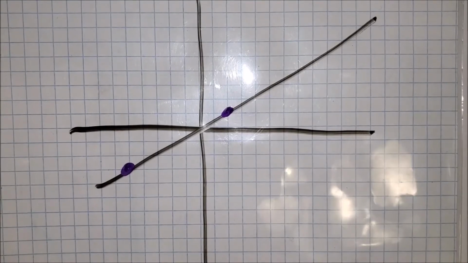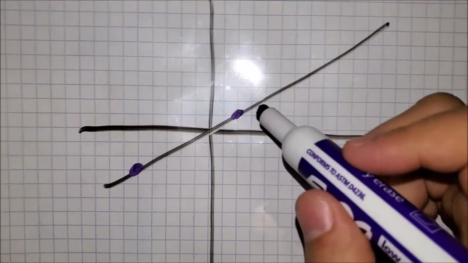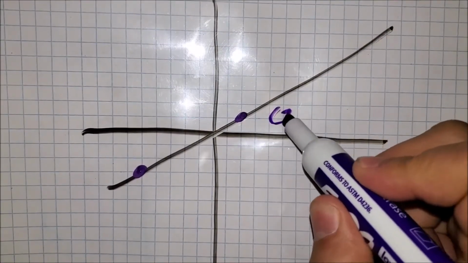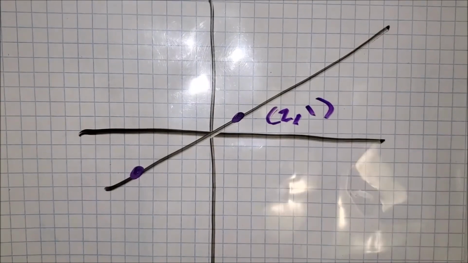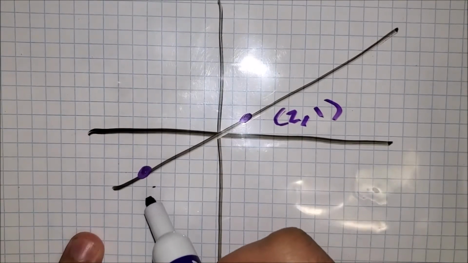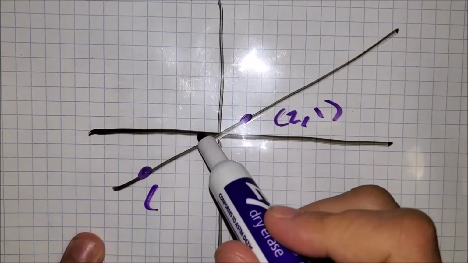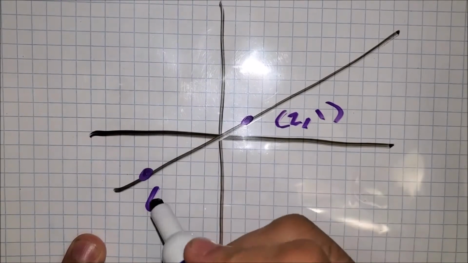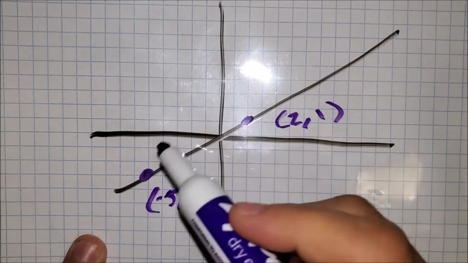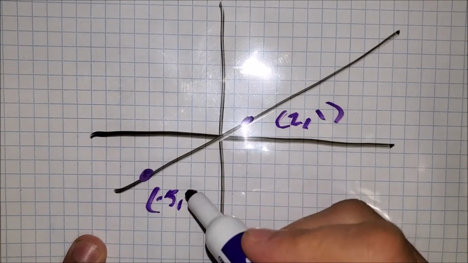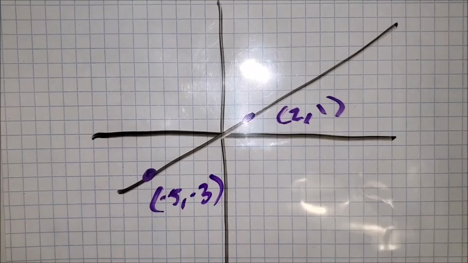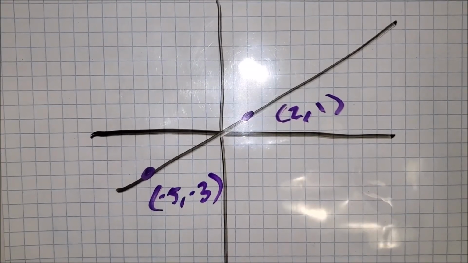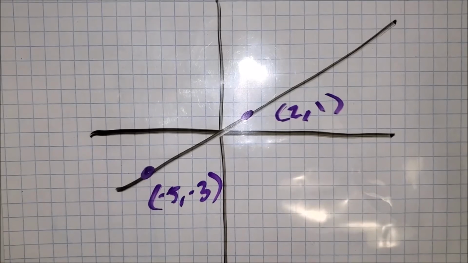Now, if we use the scale on the graph, this point here would be 2, 1, and this point here is negative 5, comma, negative 3. So those are our 2 points that we're going to use to find the slope of this line.